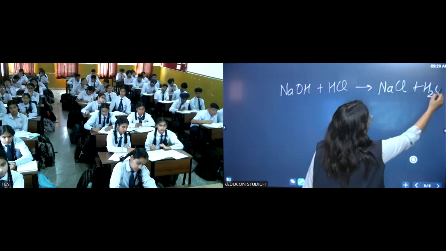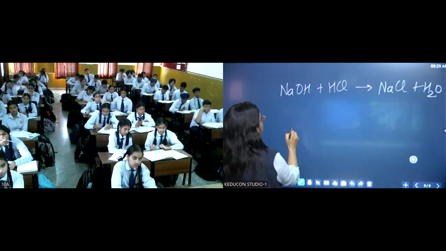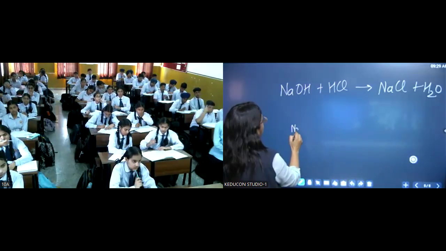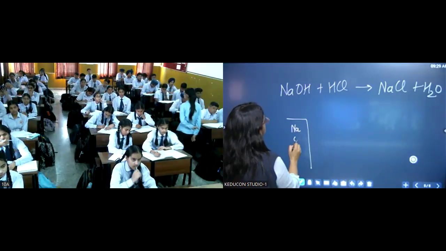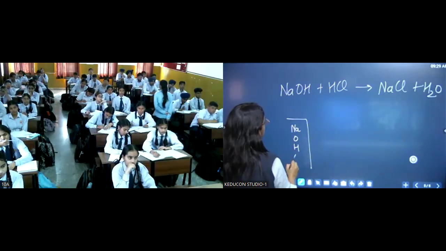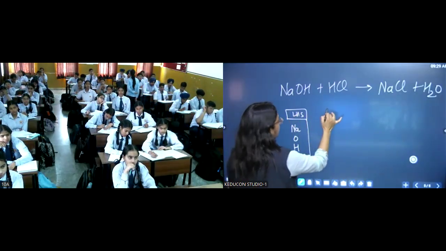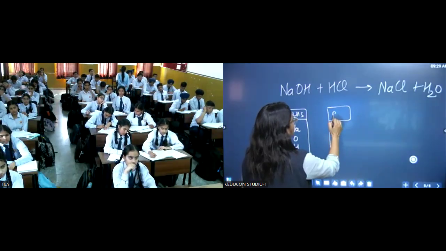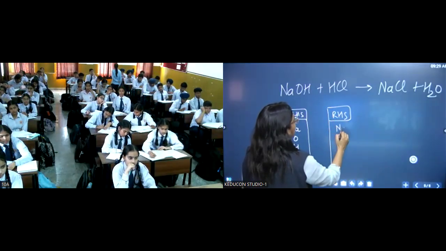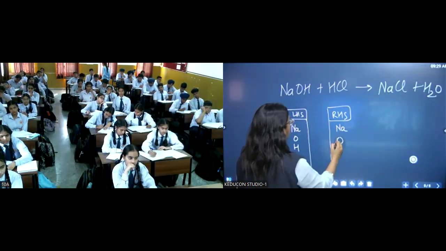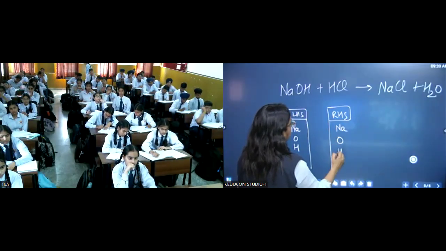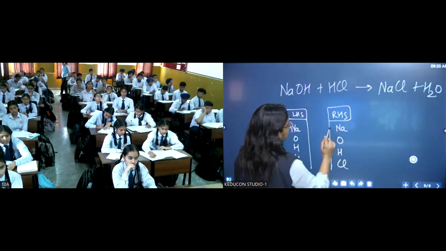This was our equation. So what atoms are we having? We are having sodium, oxygen, hydrogen, and chlorine on the LHS, and on the right hand side I have sodium, oxygen, hydrogen, and chlorine.